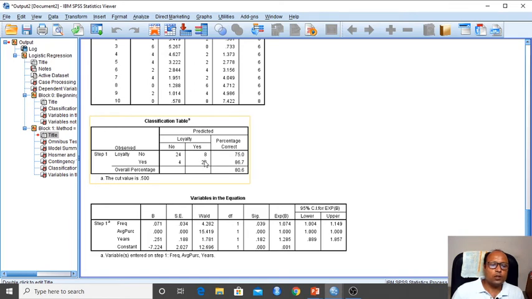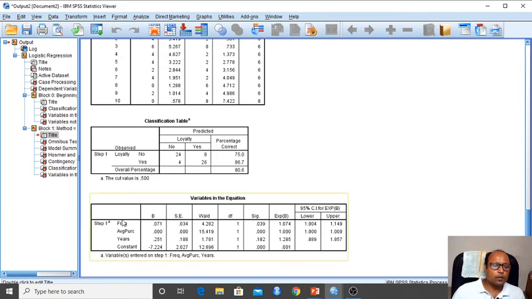Similarly, 26 observations are actually loyal, and our model has classified them as loyal. The discrepancy comes in the case of 8 observations which are actually non-loyal but the model has classified them as loyal, and 4 observations which are actually loyal but our model has classified them as non-loyal. So in a way, 80.6% of observations are correctly classified, and this cut value, the probability value, is 0.5. So 50%, we'll talk about that a bit later. So 80% of observations are correctly classified, which is a good result.